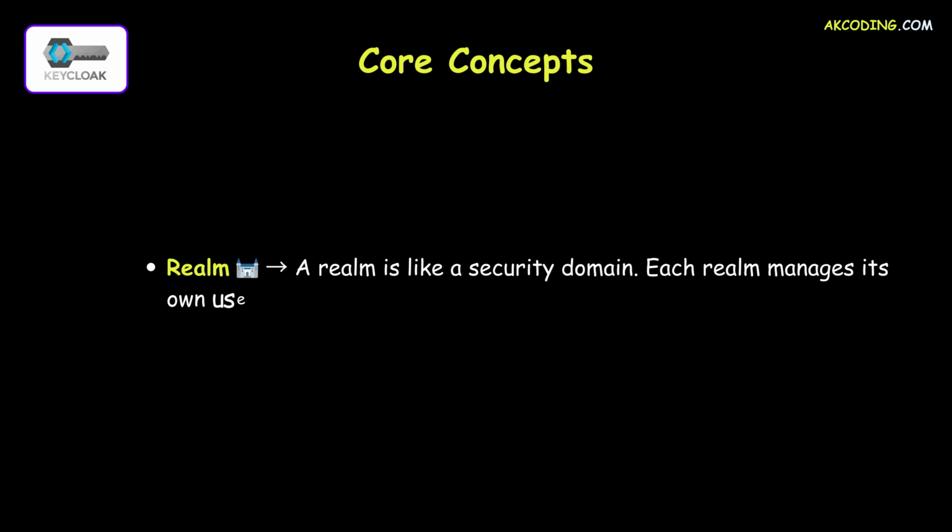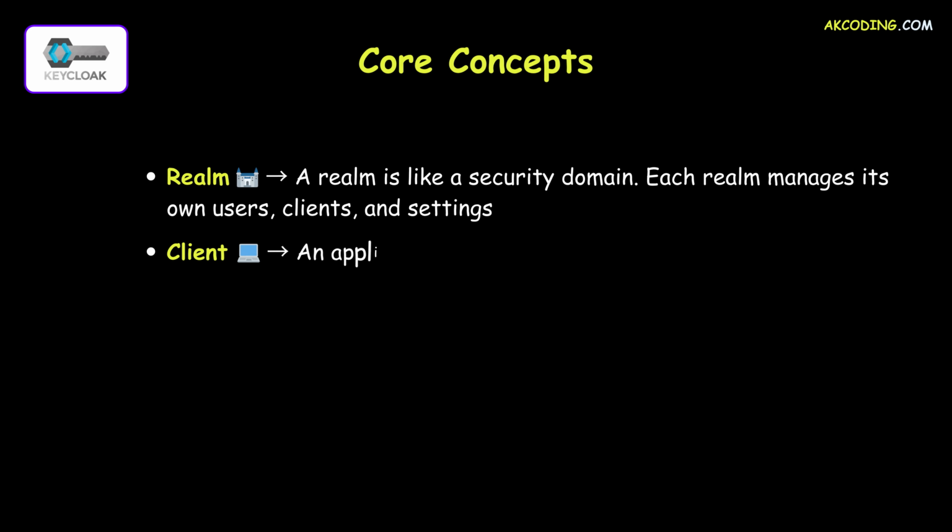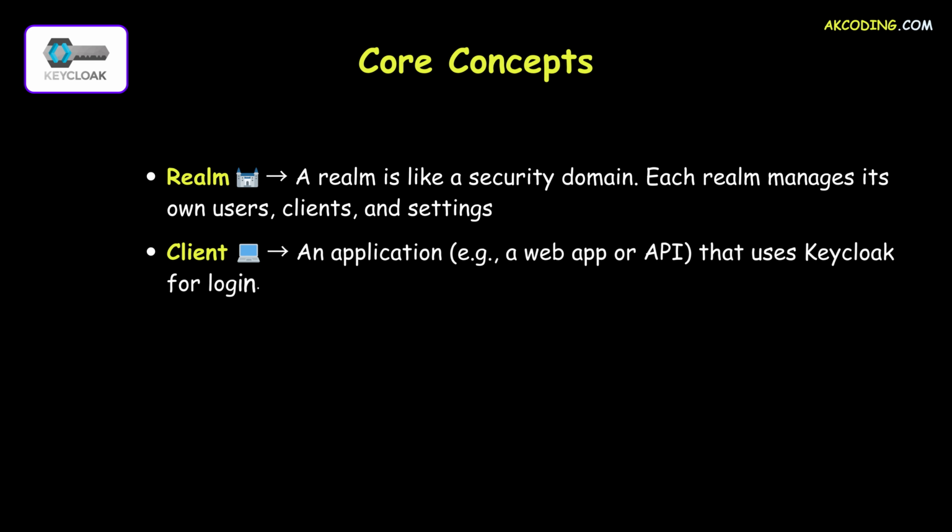When you log into the Keycloak admin console, you will see a few important terms like realm. A realm is like a security domain. Each realm manages its own users, clients, and settings. Client, an application, that is a web app or API that uses Keycloak for login.